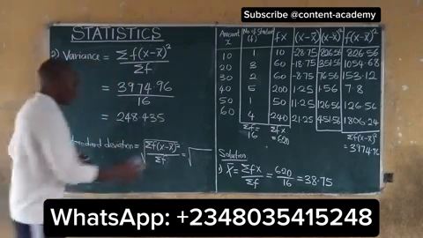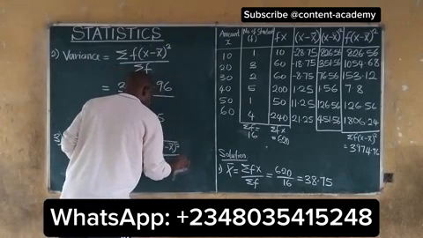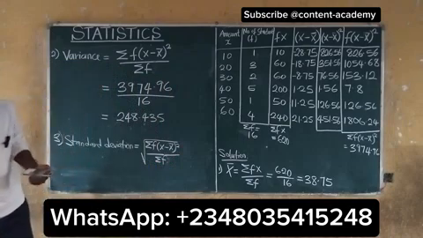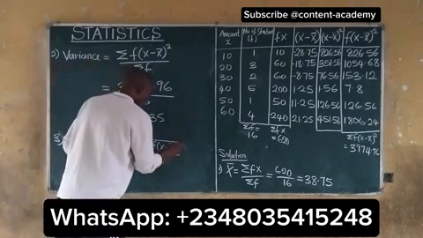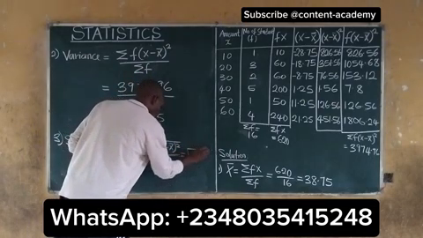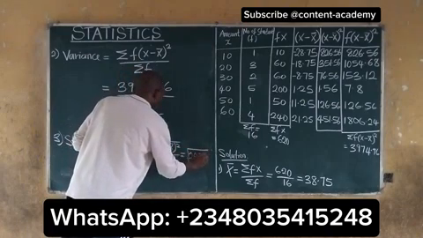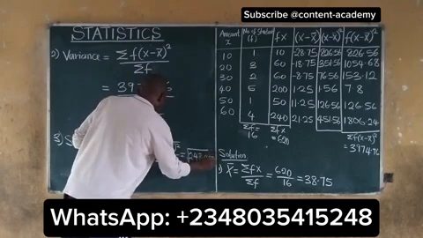Now, the standard deviation is equal to the square root of the variance, which is what we got, 248.435.